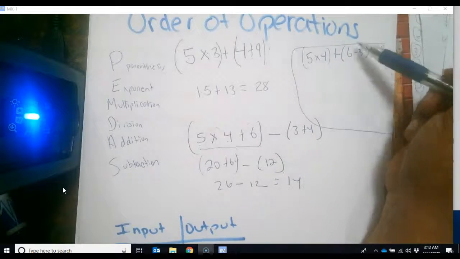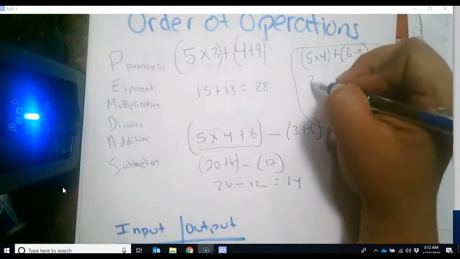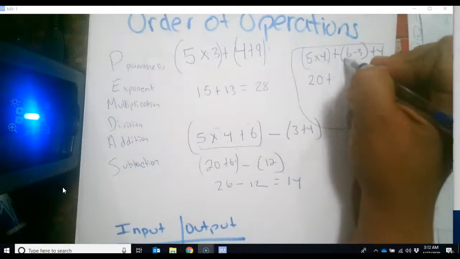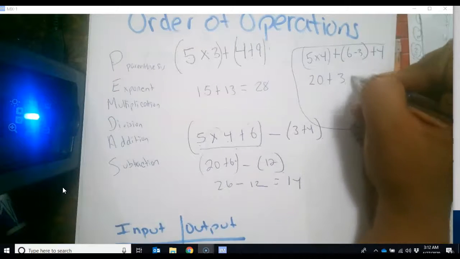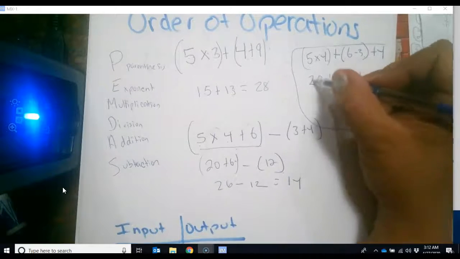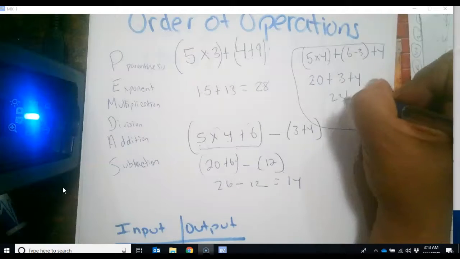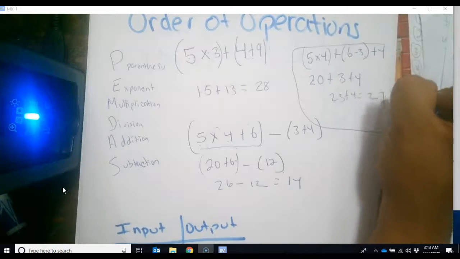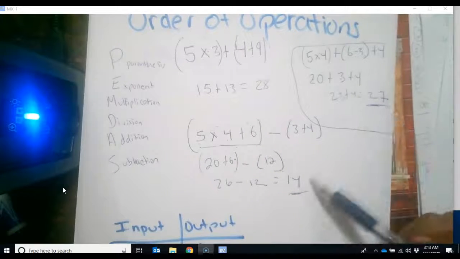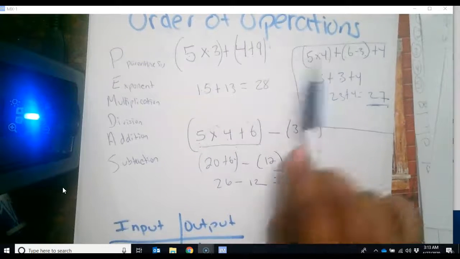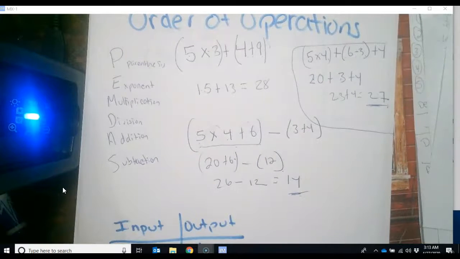So if I solve parentheses first, I would do 5 times 4, which is 20, plus what's 6 minus 3? 3. And then plus 4. So 20 plus 3 is 23, plus 4 equals 27. See how I got different answers? So where I put my parentheses is very important, and that's something that Khan Academy does.